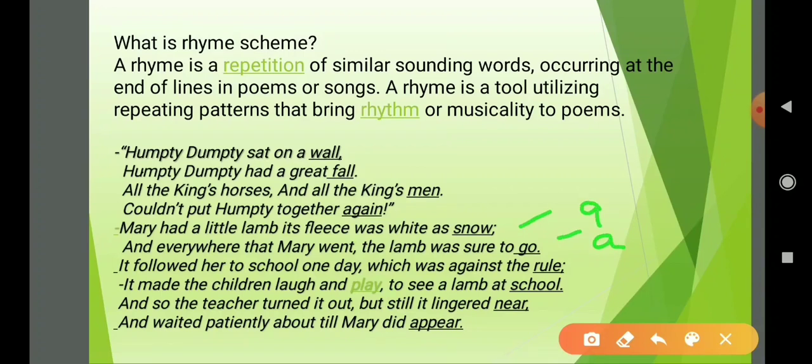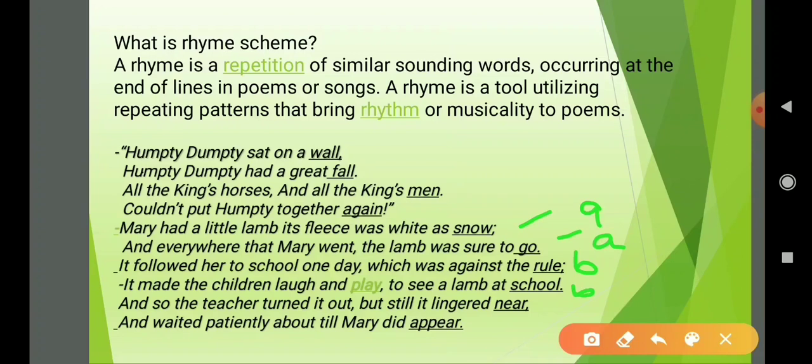Both are same. In the third line, it followed her to school one day, which was against the rule. You can write here B. Next, it made the children laugh and play to see a lamb at school. It is again rule and school, same, it is B. And so the teacher turned it out, but still it lingered near.